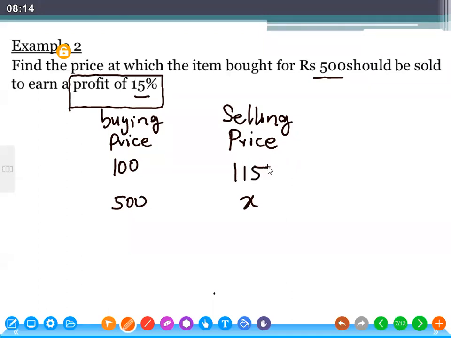Okay, now you got the direct proportion problem. The ratios are equal. You can write this as a ratio, 100 is to 500 as 115 is to X. Since this is a direct proportion question, the ratios are equal. Now you can write it as a fraction.